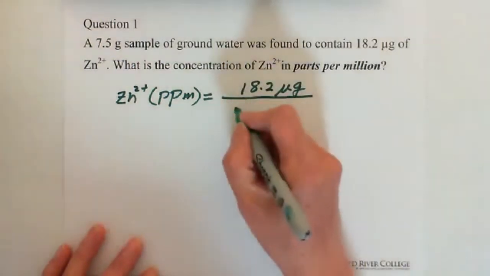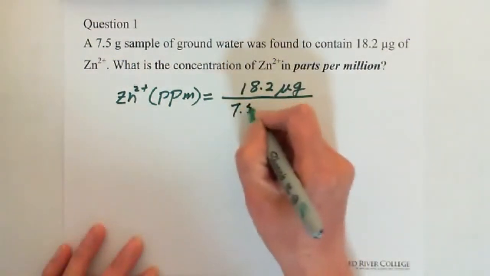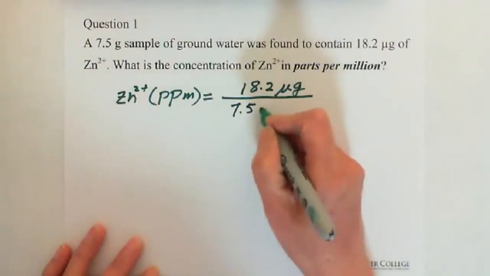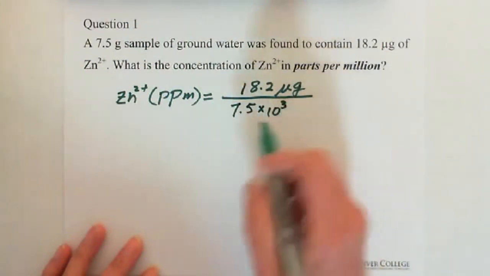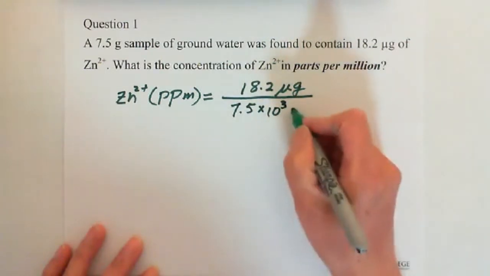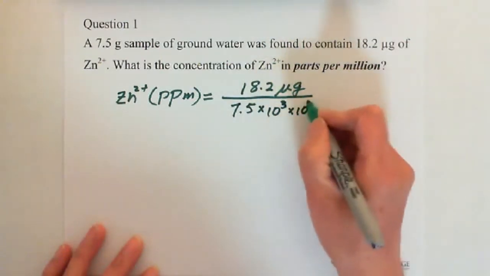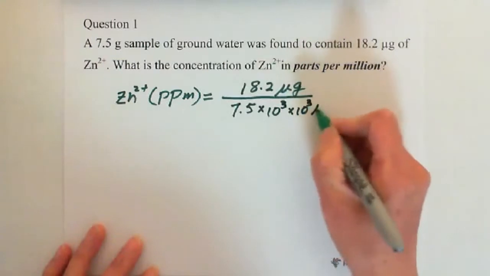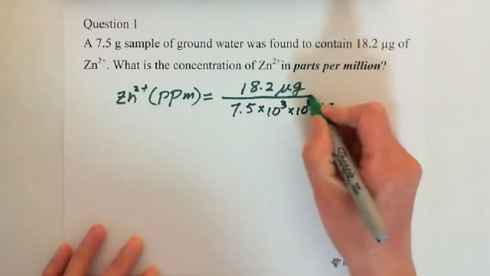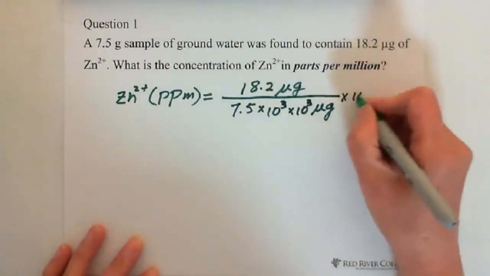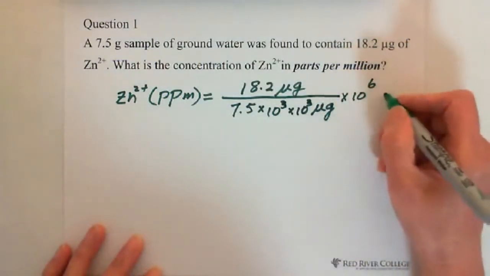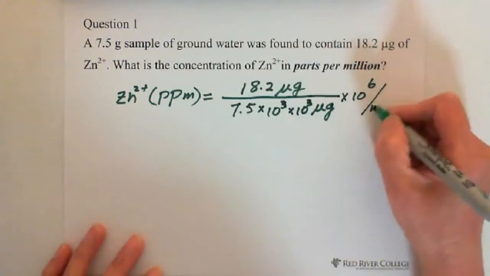So 7.5 grams, we can multiply 10 to the 3 exponent to convert to milligrams, and times another 10 to the 3 exponent to convert to micrograms. So then multiply 10 to the 6 exponent per million.